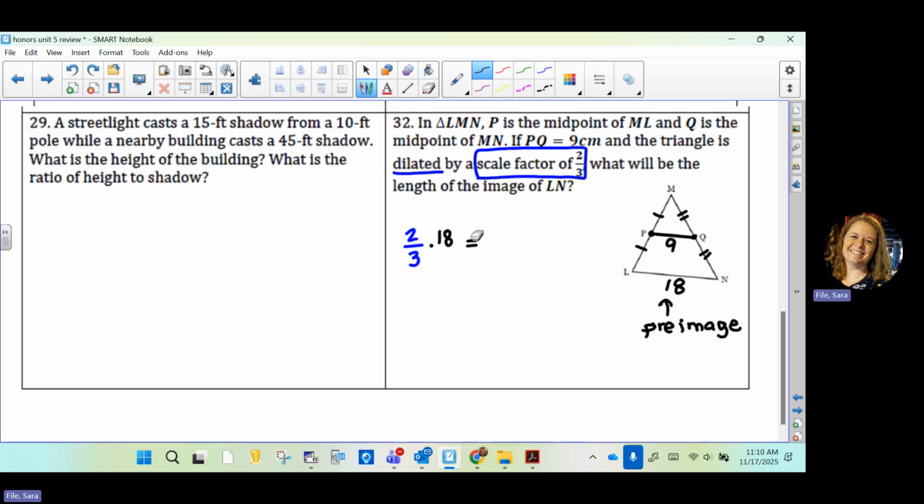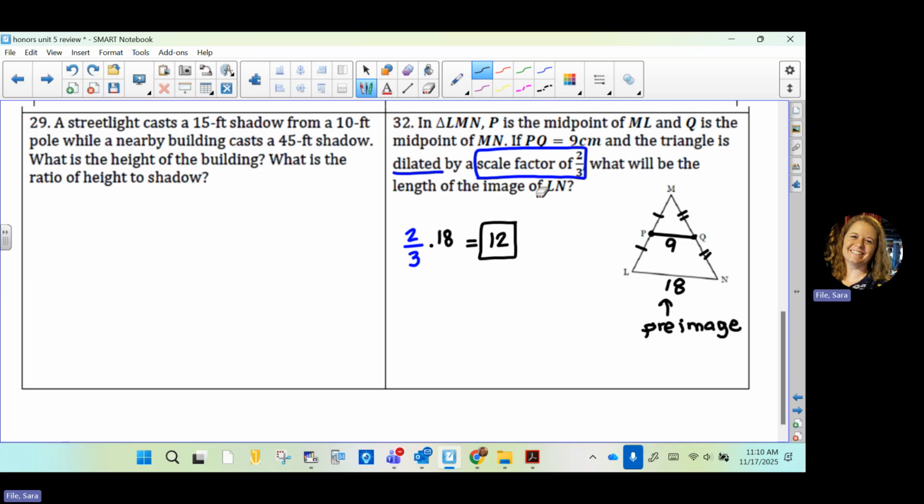Okay, and you do get a calculator. You don't have to be able to do this by hand, but I think most of you can. Because if I do the 18 over 3, that's just 6 times 2 is 12. So I found LN in the pre-image and then I dilated it. That's one option.